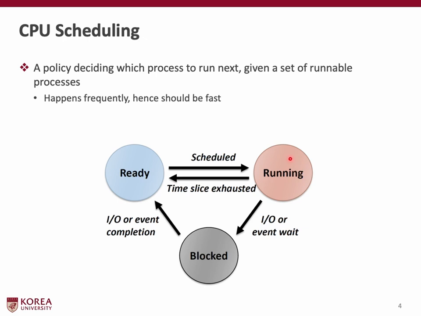Moreover, if the running process encounters an I/O event and has to wait, it moves into the blocked state. And once the I/O operation completes, the process transitions back to the ready state, where it waits again to be scheduled on the CPU.